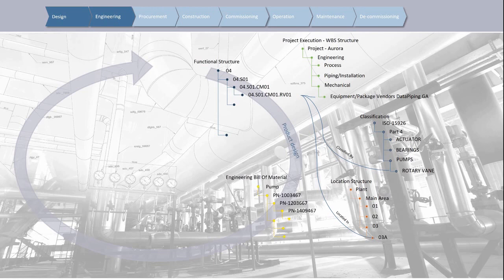As the plant design is starting to mature, discussions are started with equipment vendors and service providers who can supply equipment that fulfills the requirements stated in the plant design, the functional structure. This can be pure off-the-shelf products or engineer-to-order products. What they all have in common is a product design or an engineering bill of material, which is far more detailed than both the EPC, so the engineering procurement construction company, and ultimately the operator is interested in.